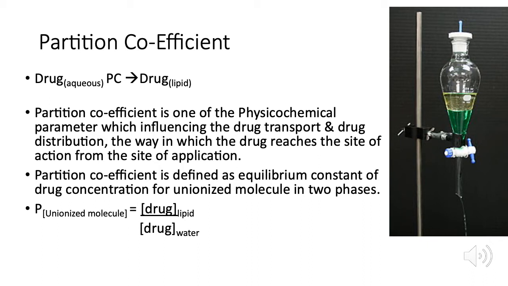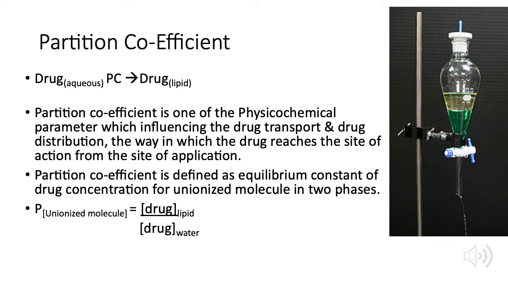It is one of the physicochemical parameters influencing drug transport and drug distribution, that is, the way in which the drug reaches the site of action from the site of application. This could be either in a tablet form or by intravenous injection.